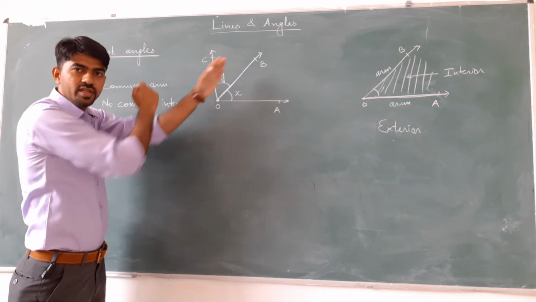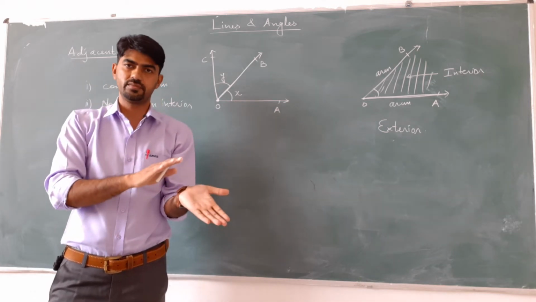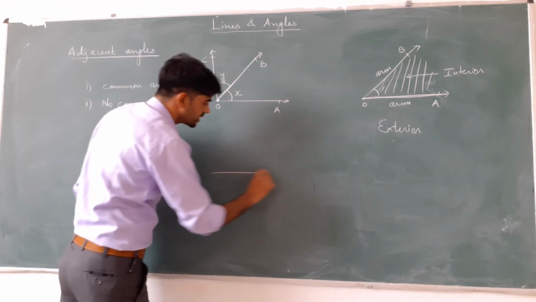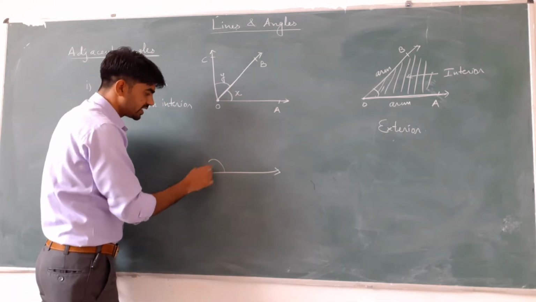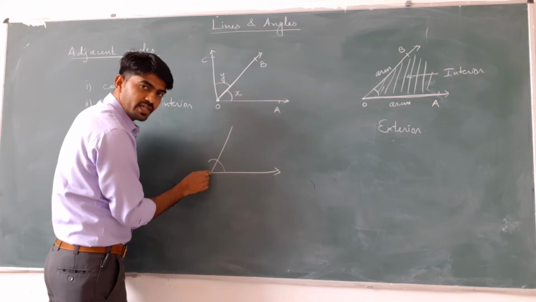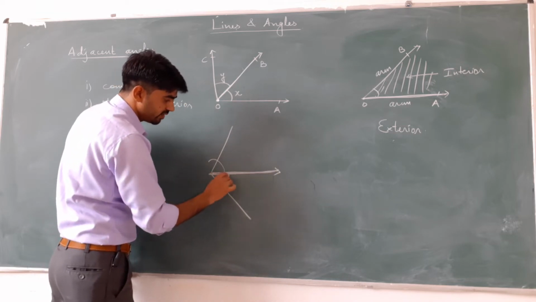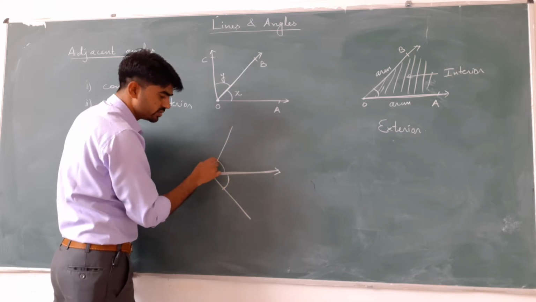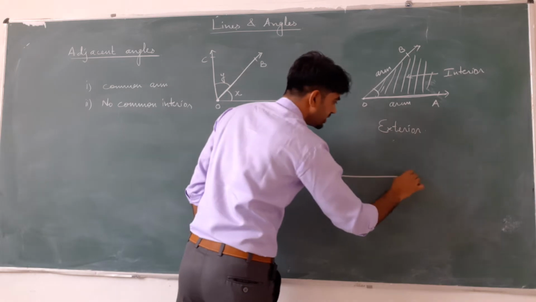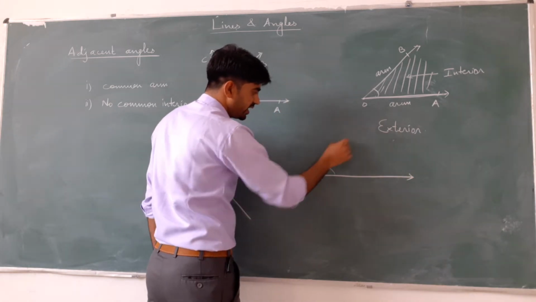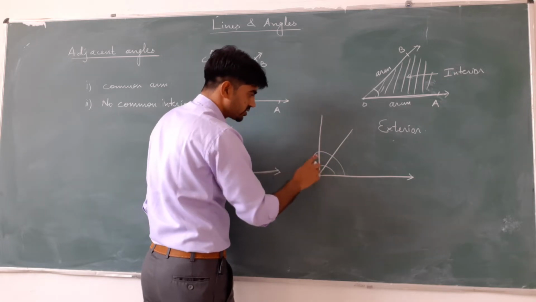So we cannot have both the angles on the same side of the common arm. Suppose this is an arm which is common between two angles. One angle will be on this side, one angle on this side. We can have, suppose this is an arm, one angle this much and another angle this much.